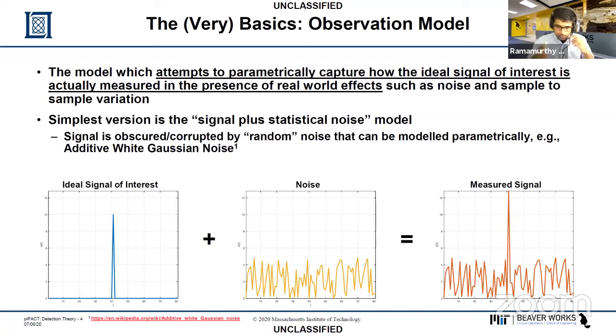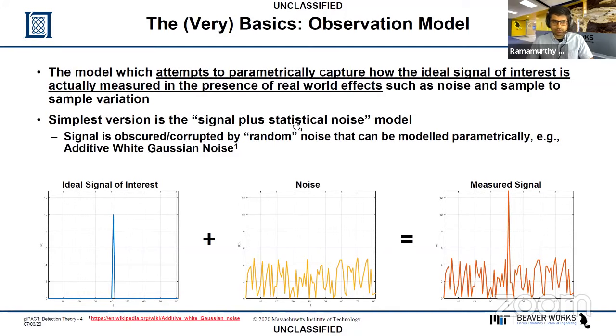We may know that there's a perfect, ideal version of the signal, but because we're doing things in the real world, we'll never get that perfect signal. The way we model that imperfection is called the observation model, and it can sometimes be very simple and sometimes be extremely complex. People dedicate their lives to coming up with accurate models for the relationship between the measured signal and the ideal signal.